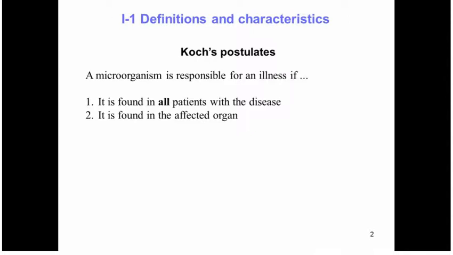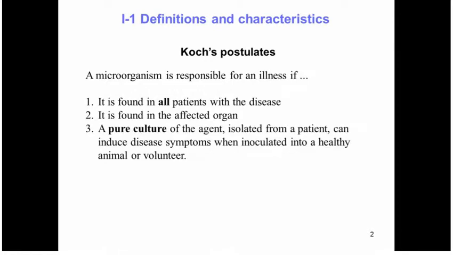So in order to establish that the bacteria are causing the pathology, you've got to go a bit further, and you have to perform a controlled experiment. Okay? And this is where the next set of Koch's postulates come in. So you have to isolate the bacterium, propagate it in pure culture, and then if you inoculate that bacterium into a healthy subject, most often an animal, then it should induce the same disease symptoms.